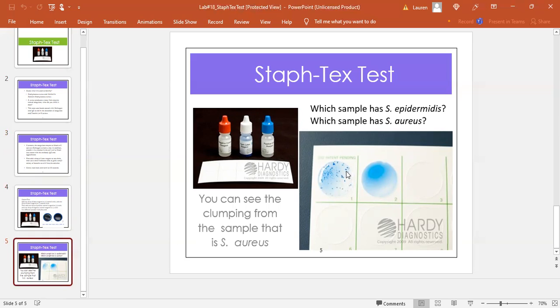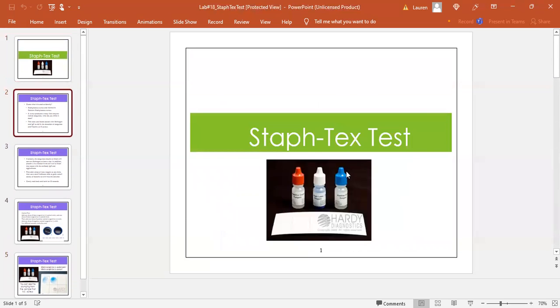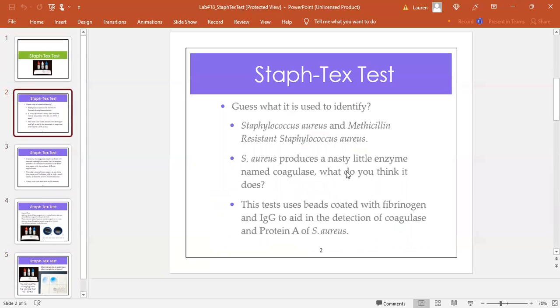So those are like the two things that are happening at once with that test, because otherwise we wouldn't see enough agglutination if there was no protein A or if there was no coagulase. Right. Okay. So that's what's special about staph, is that it has both of those things.